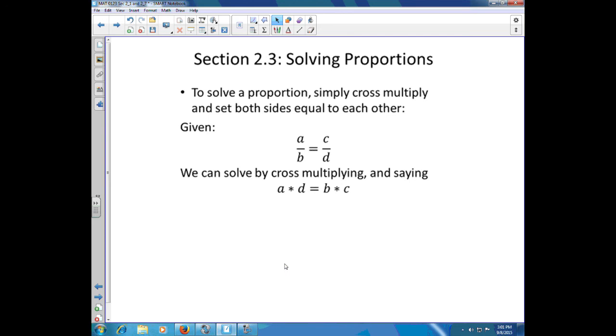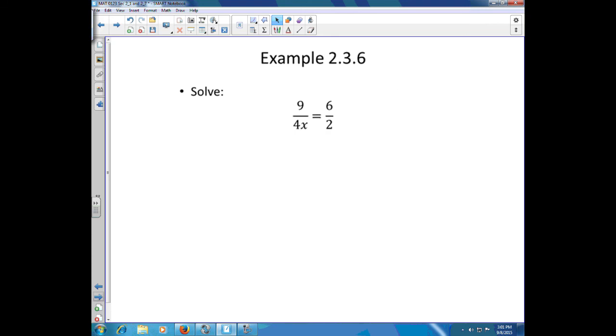And so by cross multiplying, we basically mean A times D is equal to B times C. So we can use this idea of solving proportions to solve linear equations by just cross multiplying.